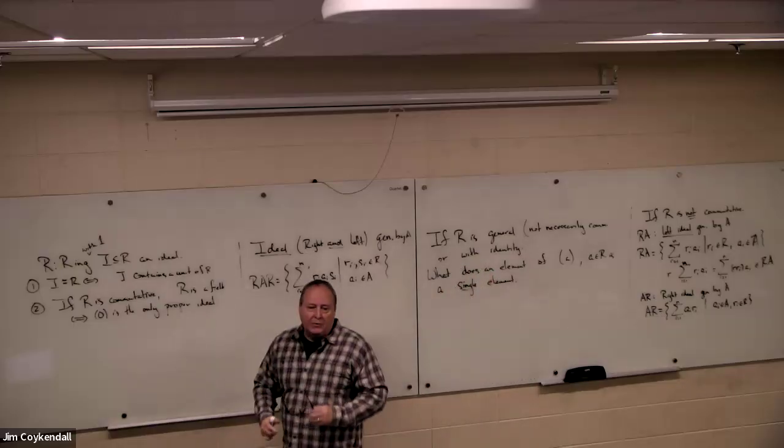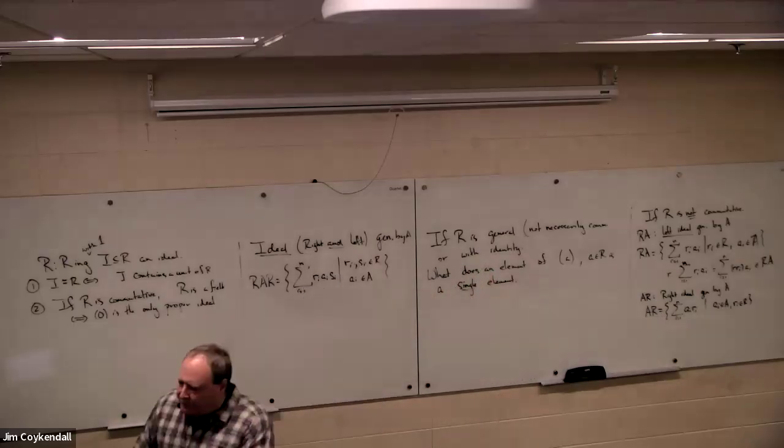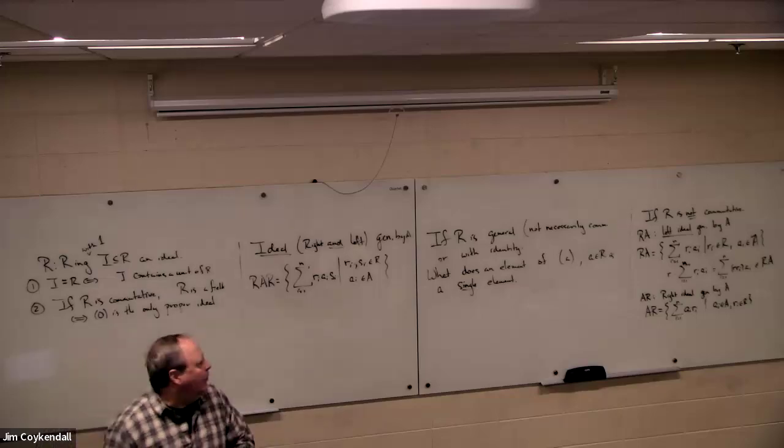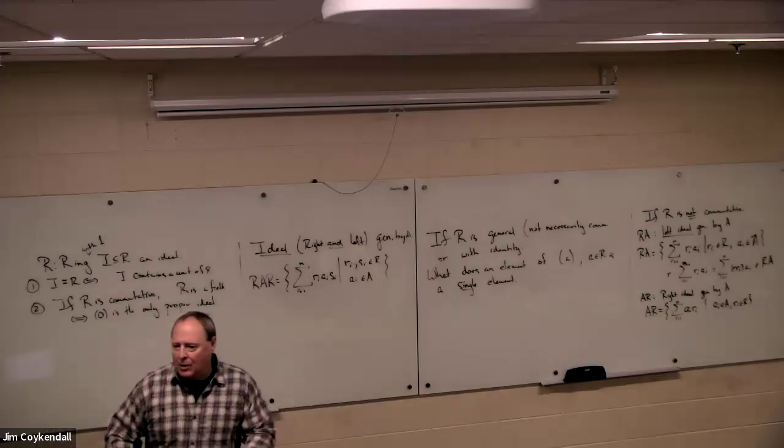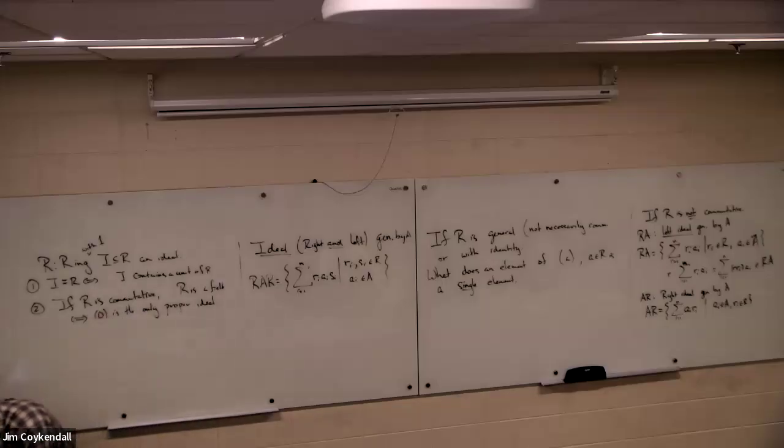This is sometimes called the principal ideal. I don't have just a general set. I've just got a single element. So I'm asking myself, I take an element out of R. What does a typical element of the ideal generated by this look like? So the intersection of all ideals that contain this.